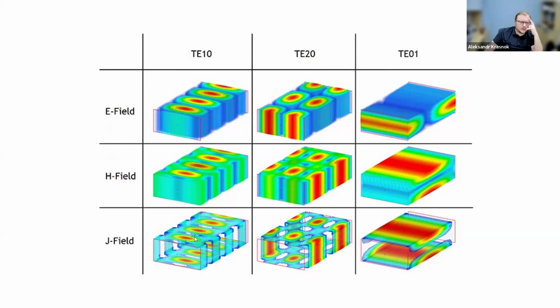It means that if I make a cut in this area, this cut won't change the TE10 mode, because the current was zero there. Similarly, in any area of vanishing current, I can make a hole or a cut, and that won't change the mode itself. But for other modes, of course, it will change it, because the current might not be vanishing in another place.